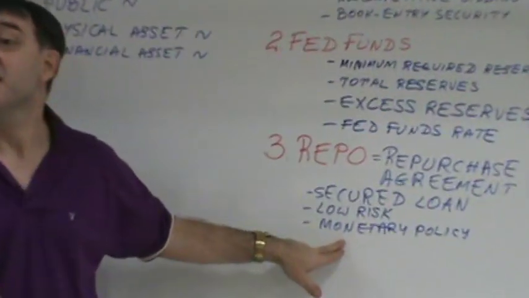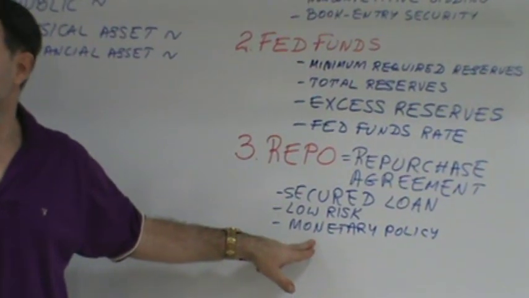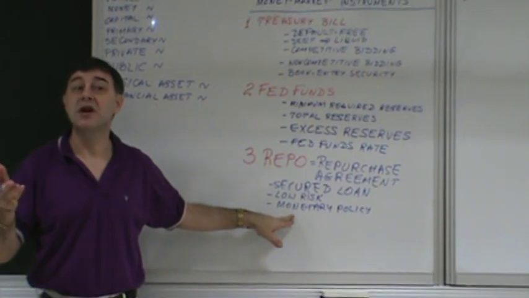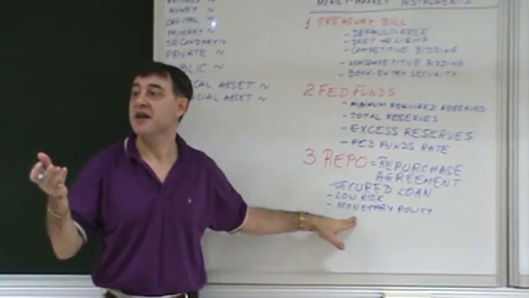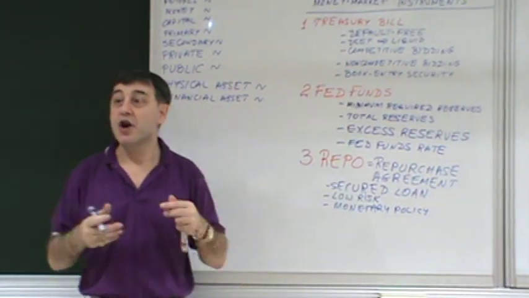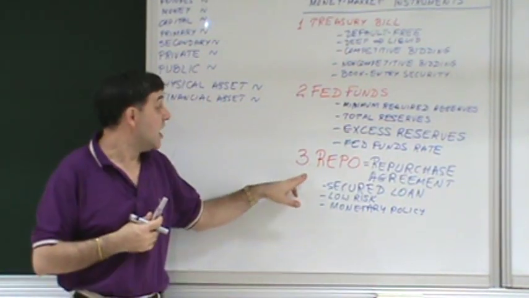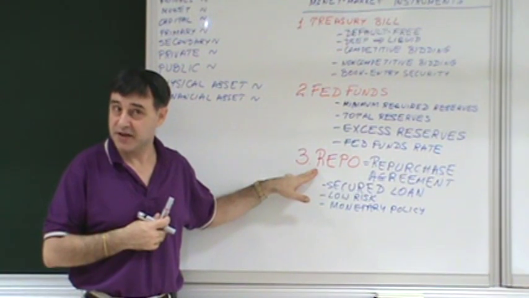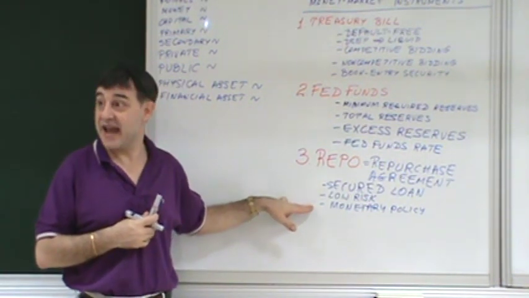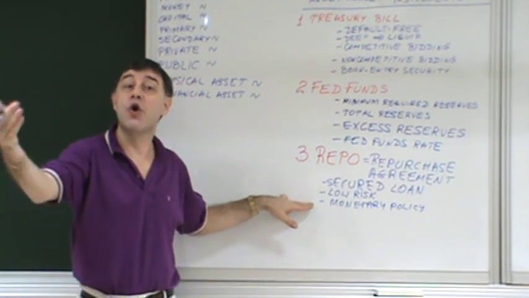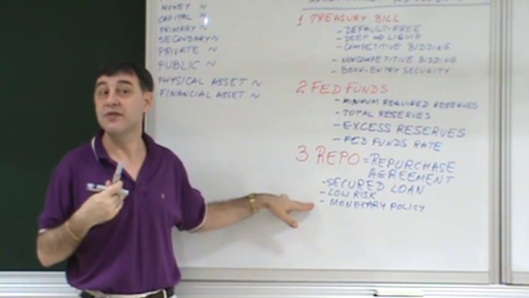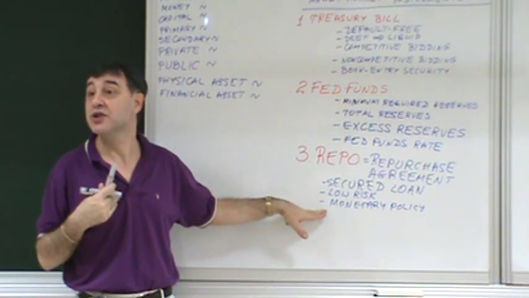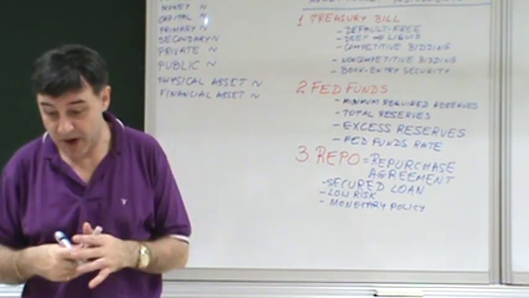Monetary policy means control of the money supply, control of the quantity of money in circulation. So, the central bank actively participates in the repo market so that they can inject or withdraw liquidity from the financial system and use the repo market to conduct monetary policy.